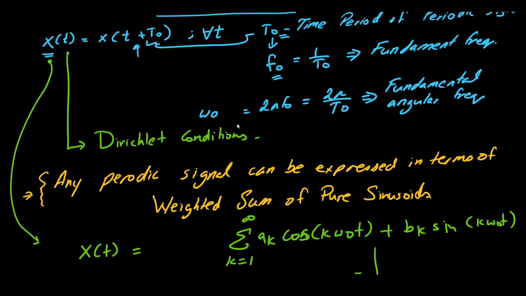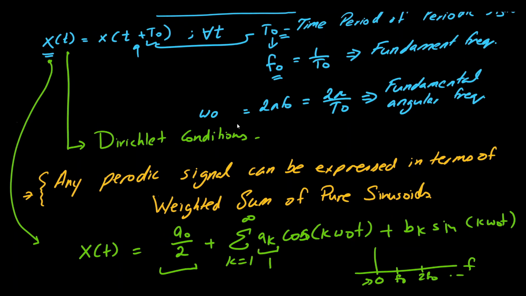Note that we had f naught or omega naught, 2f naught, and so on. At this value we have a DC value. This is the DC value, or average value, of a signal. This is simply a naught by 2 and it is added to the series.